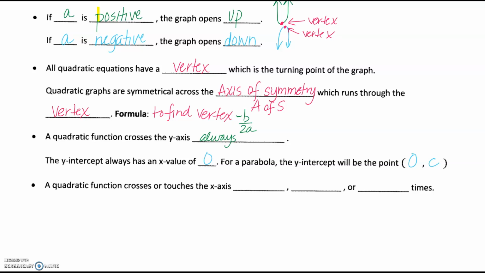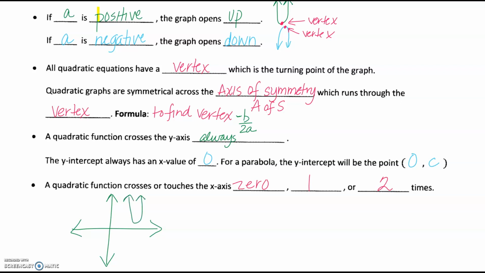A quadratic function crosses or touches the x-axis 0 times, meaning not at all, 1 time, or 2 times. What would that look like? In a rough sketch, a parabola that does not touch the x-axis could look something like this.